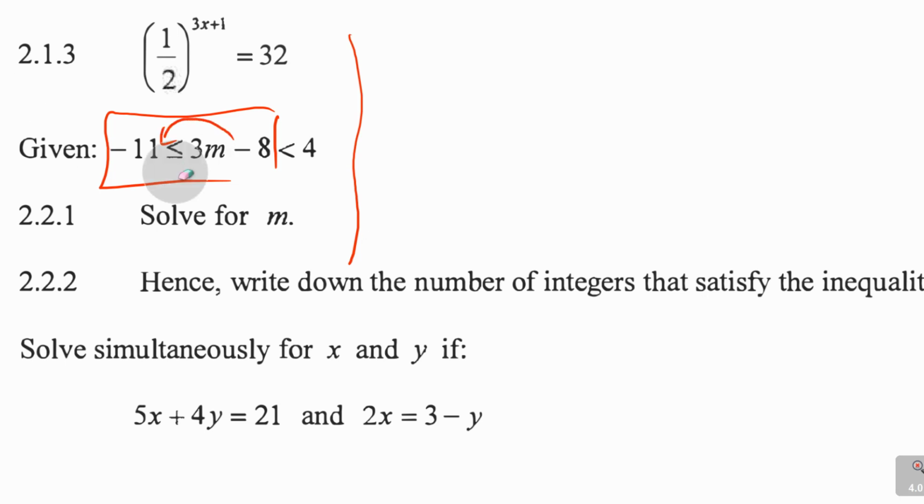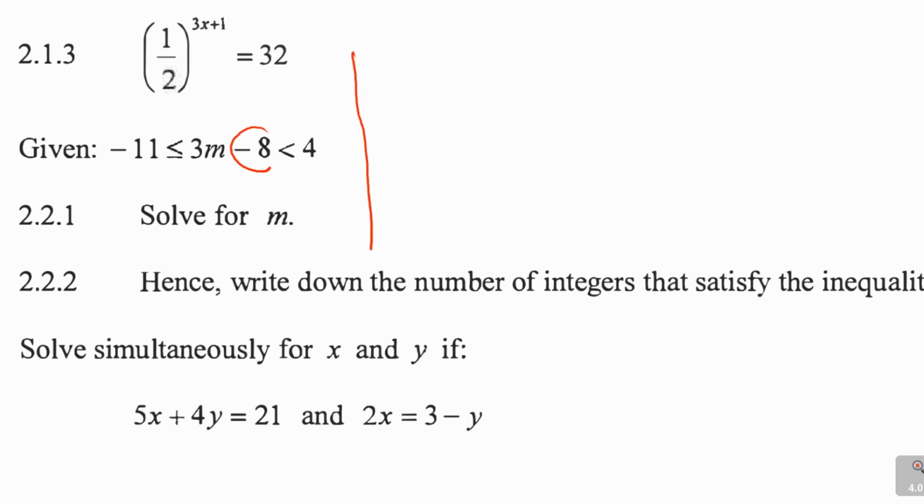Okay, let's do it one step at a time. If I say, for example, take this minus 8, remember this is an equation. It's like I've got minus 11 is equal to 3m minus 8. And I have got the center one, 3m minus 8 is equal to 4.